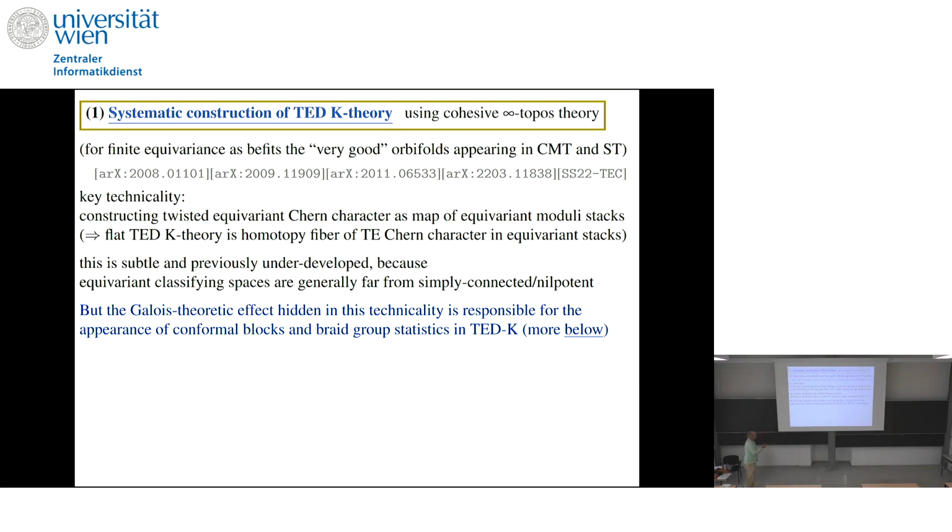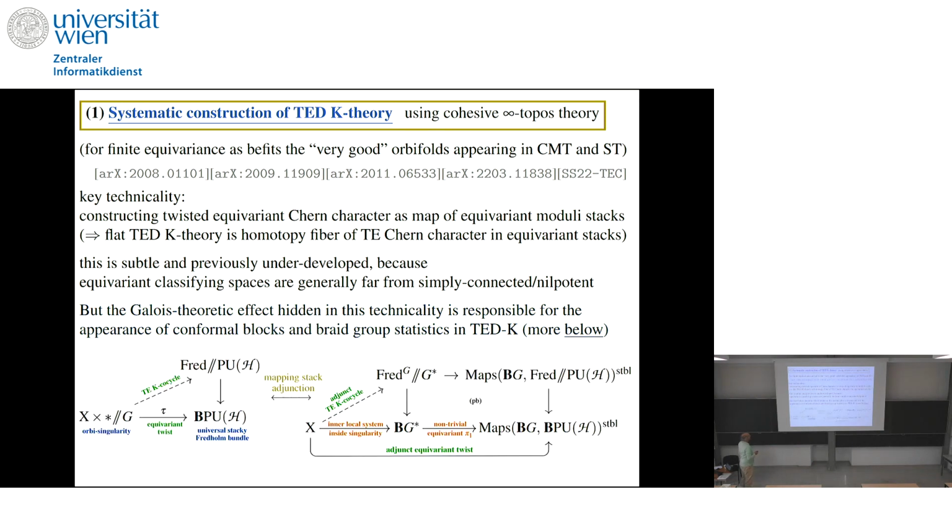And the claim we have is that it's this Galois theoretic effect that is ultimately responsible for revealing the structure of conformal blocks, something that seems very non-abelian, hidden or reflected in the K-theory of certain configuration spaces. And that is, of course, what is needed in order to find anything like anyonic braiding statistics in K-theory.